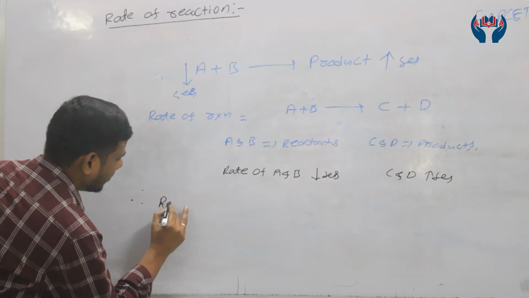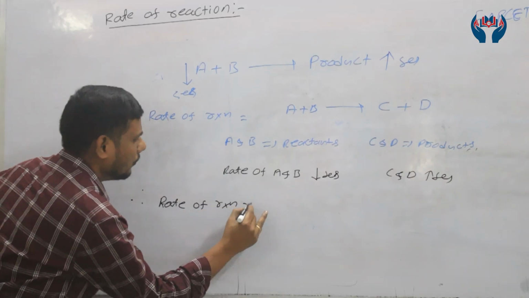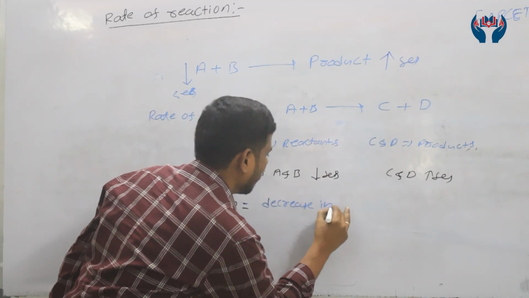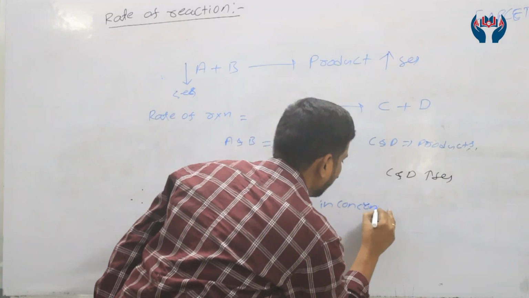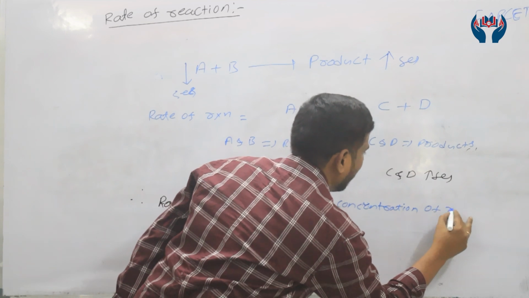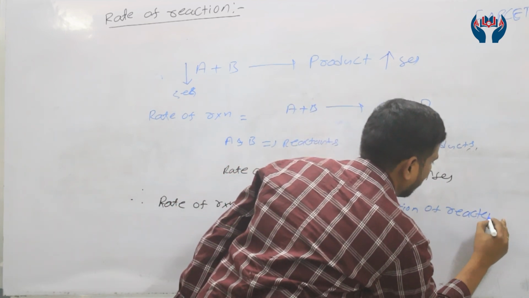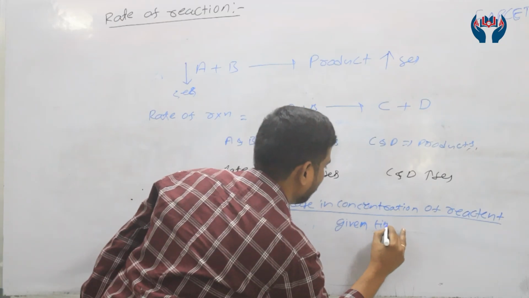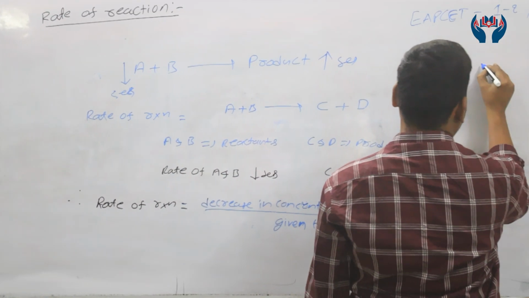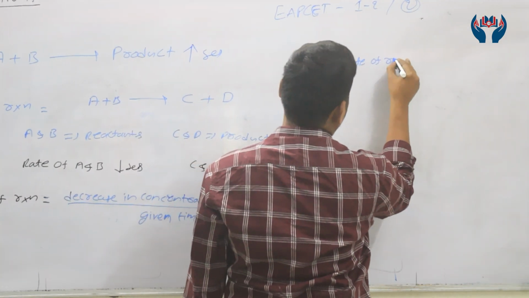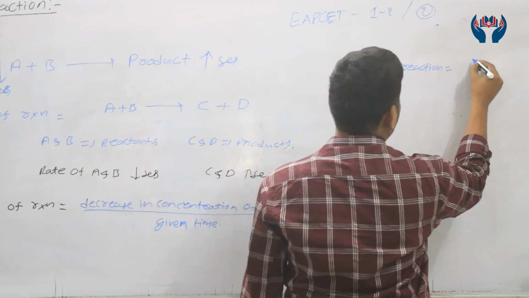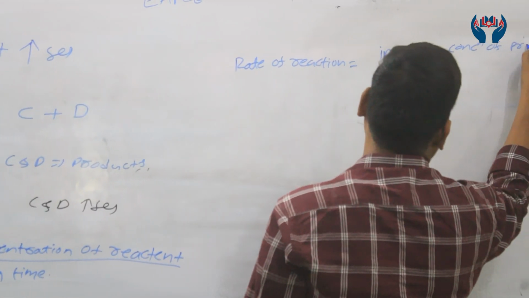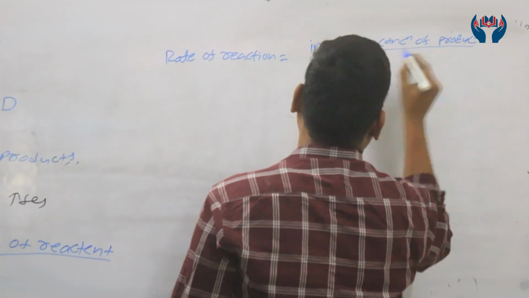Therefore, they define the rate of reaction as the decrease in concentration of reactant in a given time, or the rate of reaction as the increase in concentration of product in a given time.